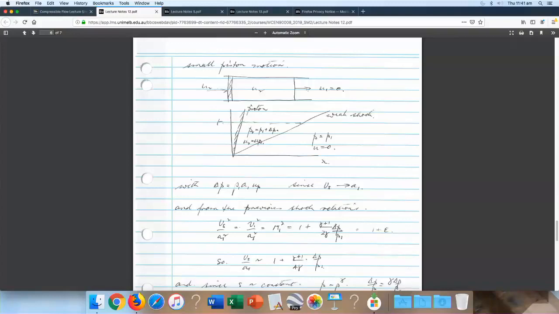If it's an open end, the pressure is going to be atmospheric pressure P1. But the flow coming out is not at that pressure. The pressure is higher. It's delta P higher. So the boundary condition at that point now is a boundary condition not so much on the velocity but on the pressure.